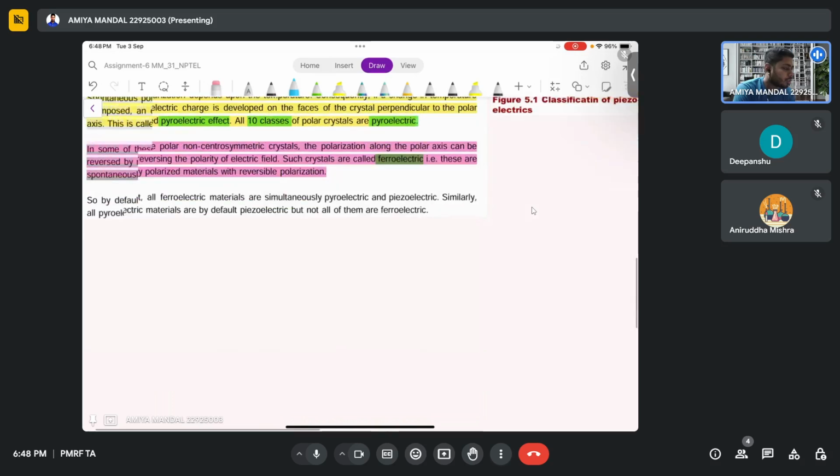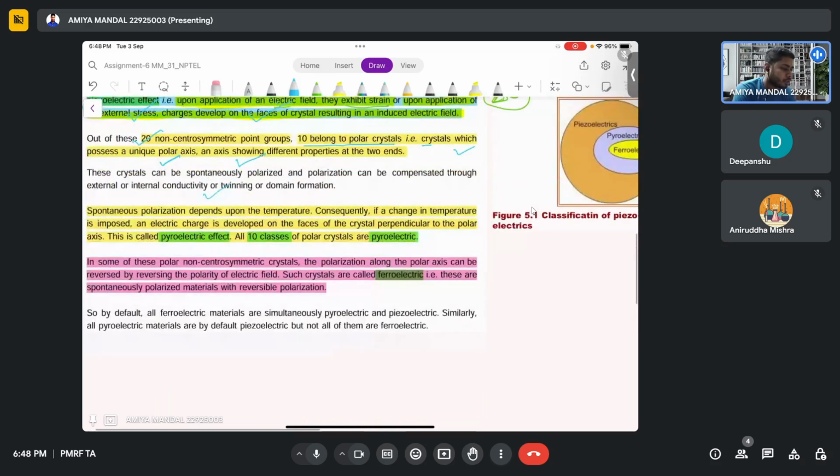So what is spontaneous polarization? Spontaneous polarization depends upon temperature. If a change in temperature, delta T, is imposed, electric charge develops on the faces of the crystal perpendicular to the polar axis.